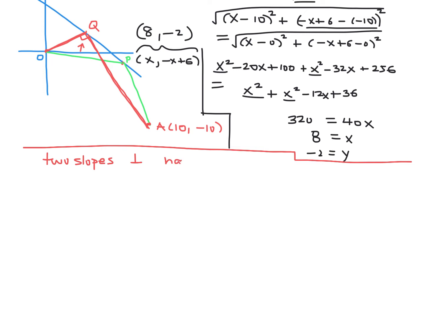Two slopes that are perpendicular, that's the sign for perpendicular, have the property that the slopes are negative reciprocals. And what that means, you guys know, but I'll just mention it. For example, if one slope is a half, the other one will be the negative reciprocal.